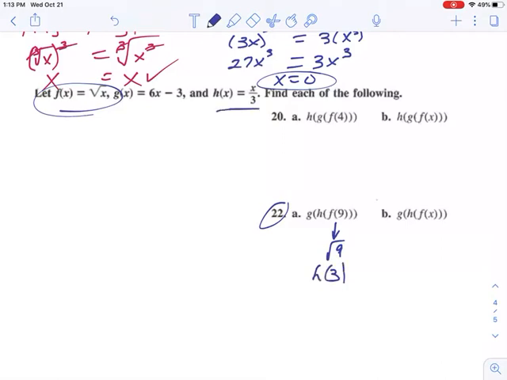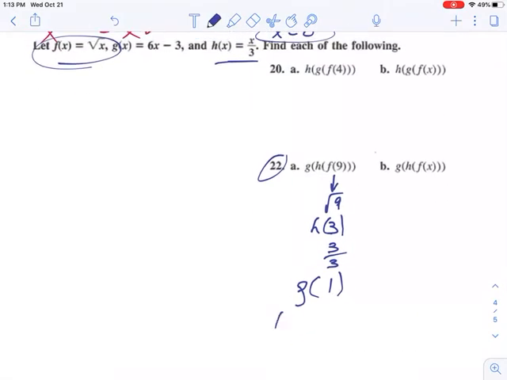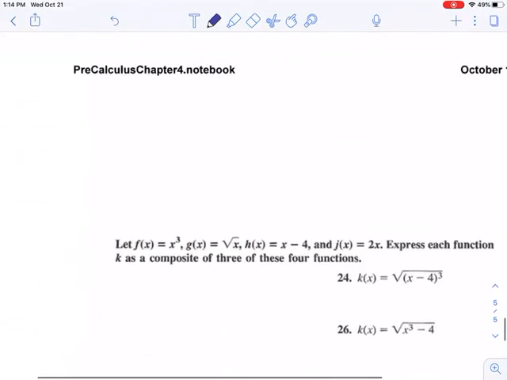Then I have to take h of 3. H is here, x over 3, 3 over 3, which is 1. Now I have to take g of 1. G of 1 is 6 times 1 minus 3. 6 minus 3 is 3. That's all there is to it. Start on the inside, work your way out.